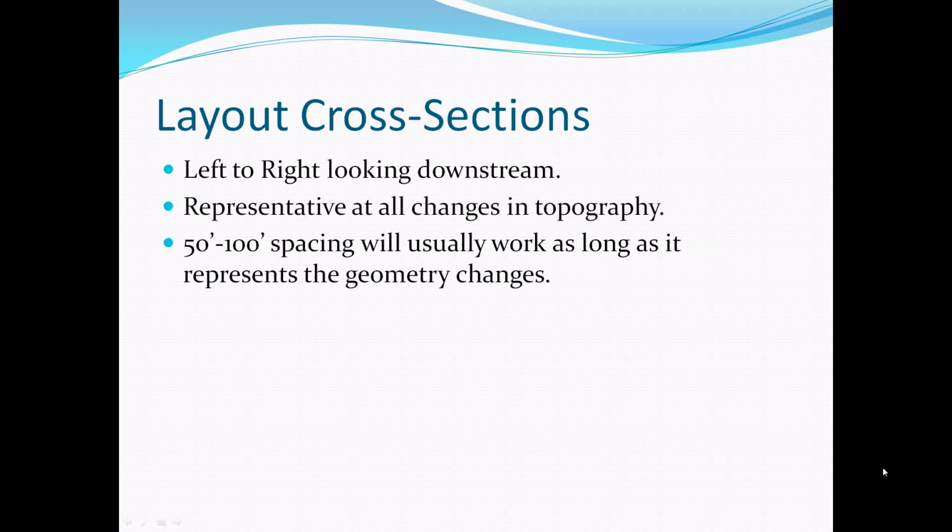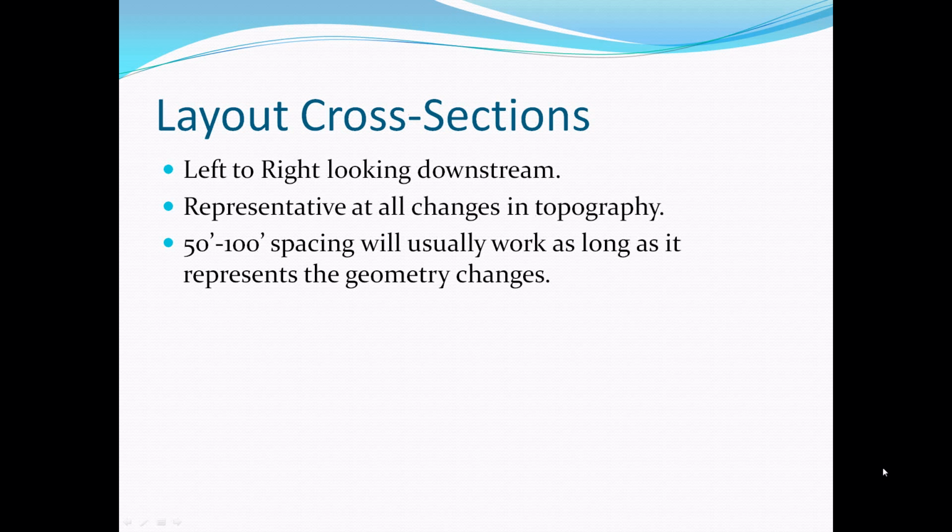So after you get your bridge sections in, you need to lay out your cross sections, and these have to be left to right looking downstream just like our bridge sections to get the stationing right on them. And you should have cross sections at all changes in topography or changes in N values. Anytime your geometry changes, you should have another cross section.